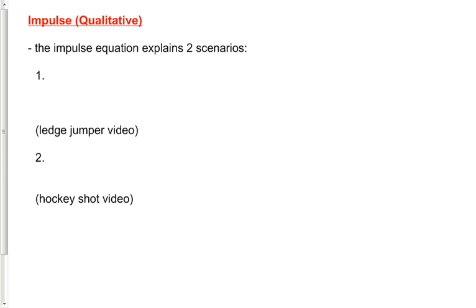Impulse is a pretty important topic in that it addresses 2 very, very big real-life scenarios. Okay, the first one is when we have what we call a predetermined impulse. A predetermined impulse is an impulse that's going to be the same no matter what.